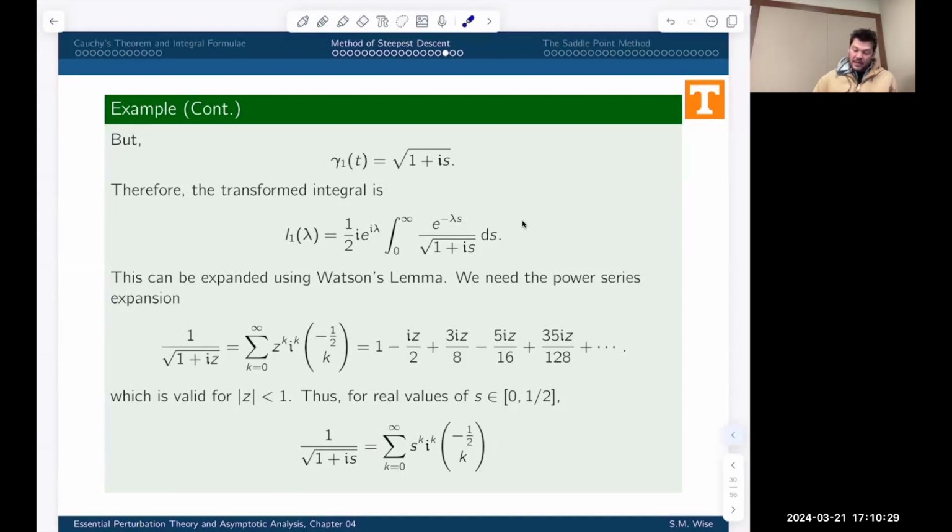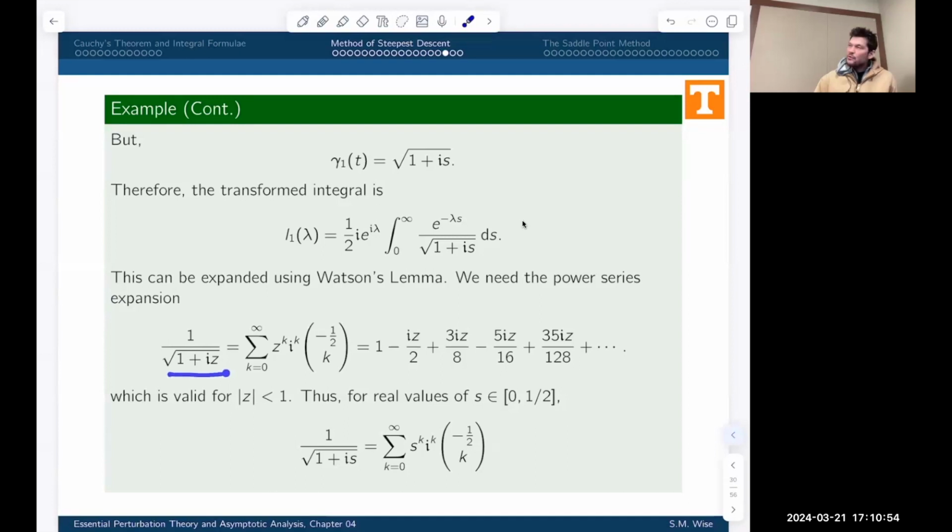If I want to do that, then what I really need is an expansion for this as a power series. Now, remember, in Watson's lemma, I didn't need that power series to be convergent for all s. It's okay if it's only convergent for a small radius, or small values of s. That's not a problem. We have a nice expansion for this.